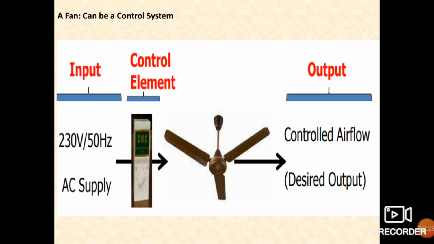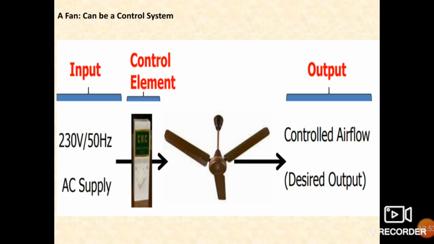How I am saying that, I will explain. Here also I am switching on the fan by giving a 230 volt power supply. After turning on, the fan will run and it will produce the desired airflow. That airflow will be generated and it may be controlled.